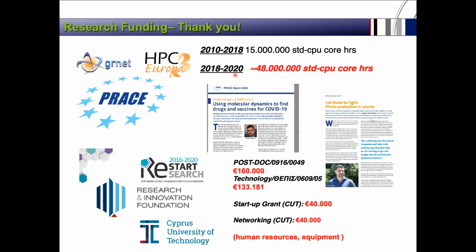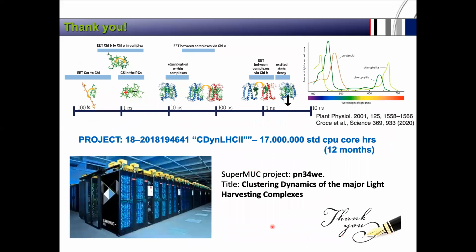Over the last 2-3 years, we have obtained almost 50 million standard CPU core hours in 2 major projects from PRACE. One is referring to COVID-19 and the other on photoprotection. And we have also financial aid from the Research and Innovation Foundation from Cyprus for the human resources and the equipment for the experiments.